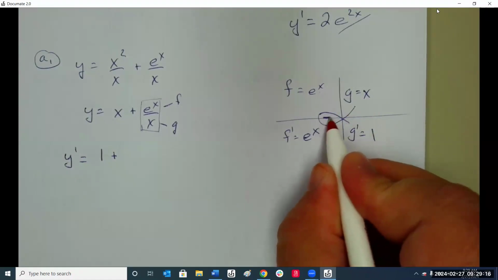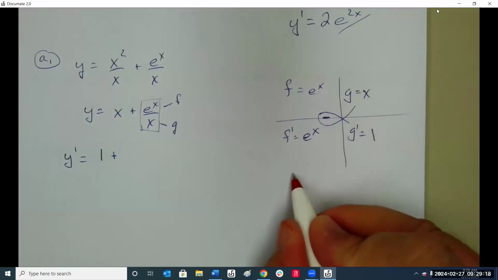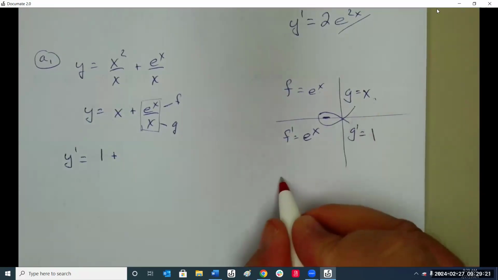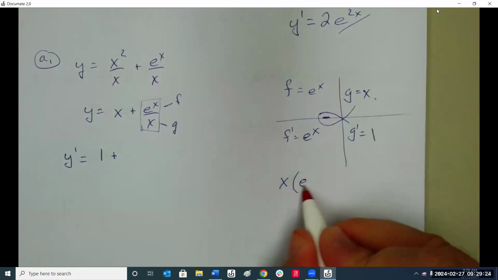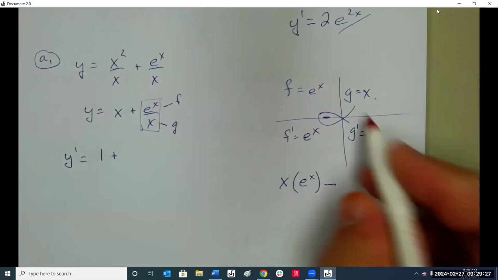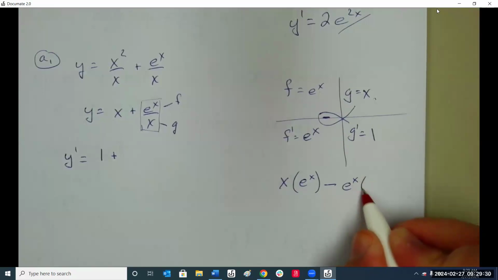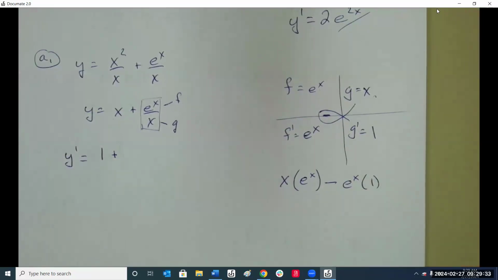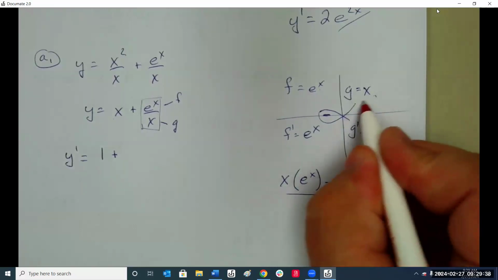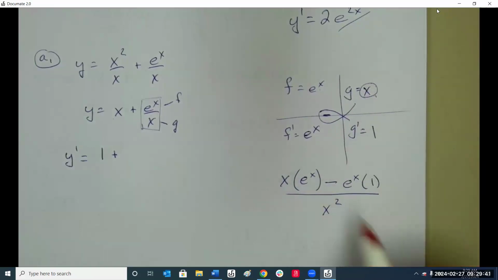Minus because it's a quotient. So we have g, which is x, times e to the power x minus e to the x times 1, over g squared. Because it's g f prime minus f g prime over g squared.